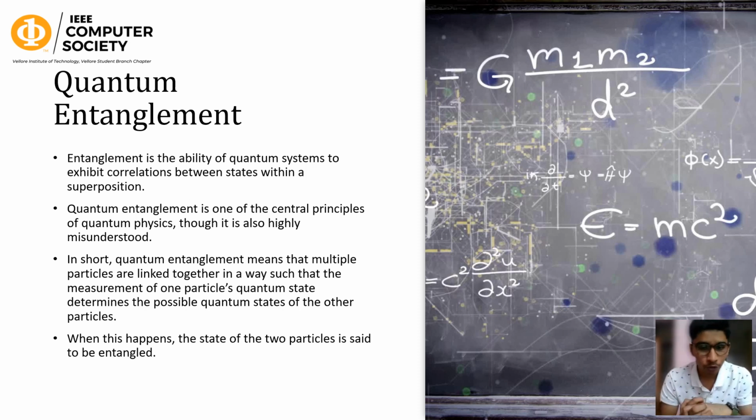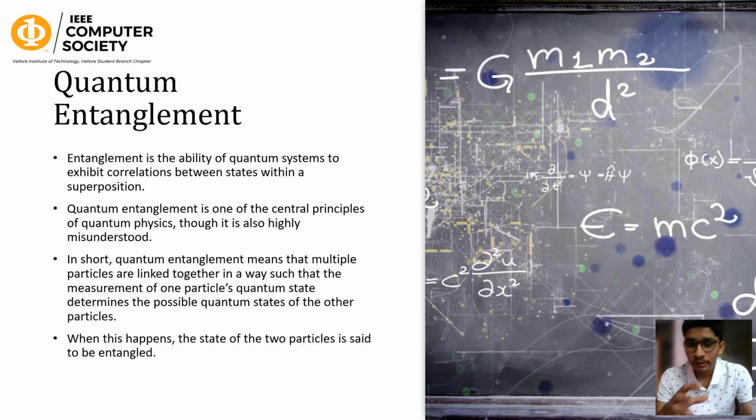So if you have an electron pair that is in a quantum superposition, quantum entanglement will establish a relation between these two electrons. Quantum entanglement is also one of the central principles behind quantum physics. It is also highly misunderstood, and many famous scientists were unable to understand it. But in short, it's basically the establishment of a relation between these two quantum superposition particles. It can be electrons as well.